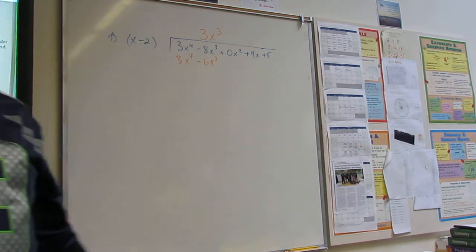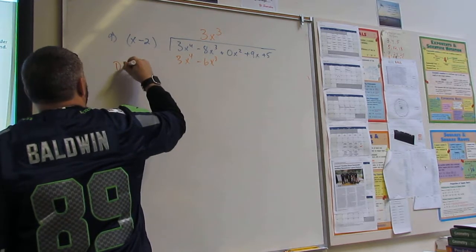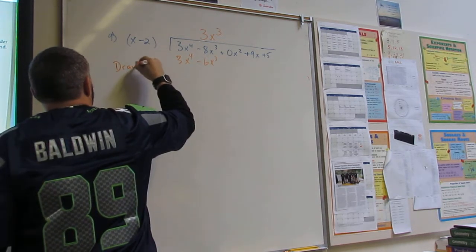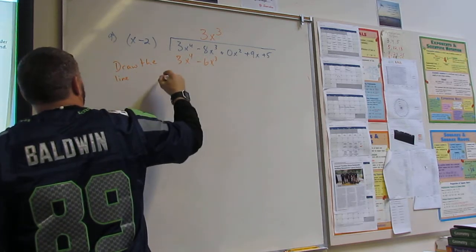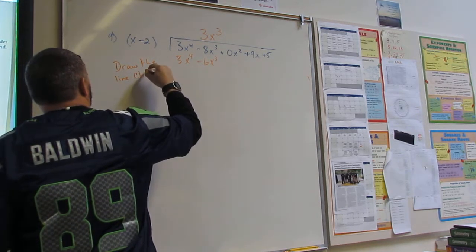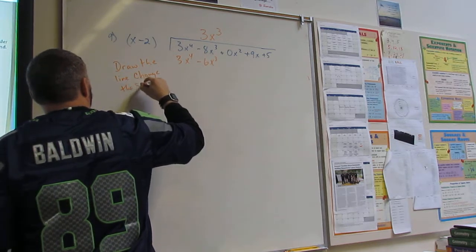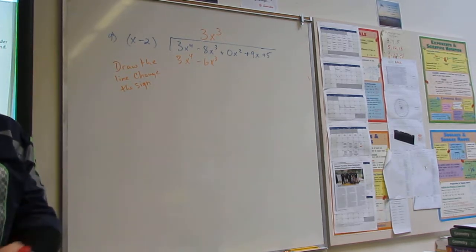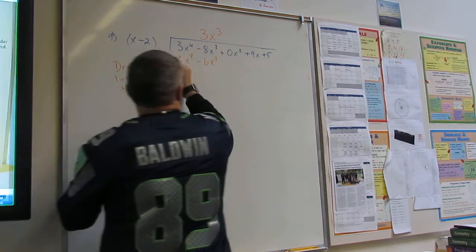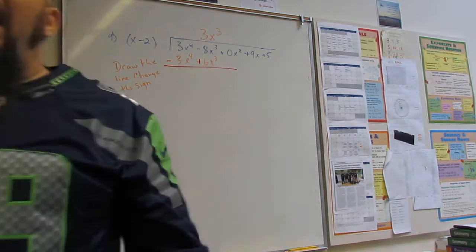Now watch this. I made this up a long time ago because students have a hard time. Draw the line, change the sign. What I mean by that is this. I'm going to draw a line, and I'm going to change this sign and then just add them up. You can't subtract them.